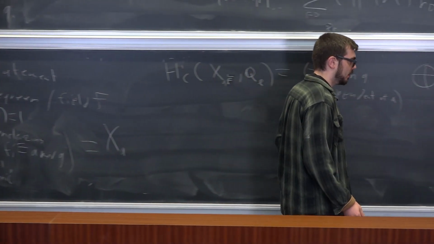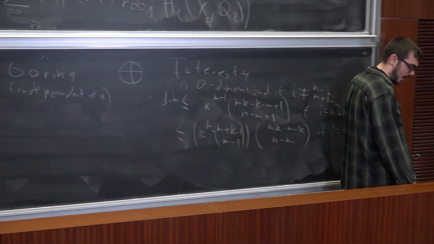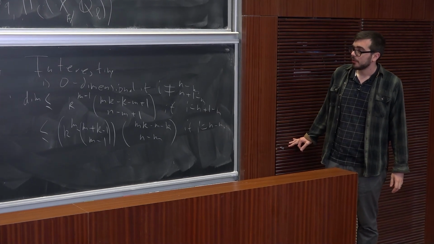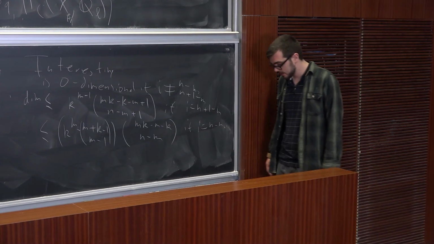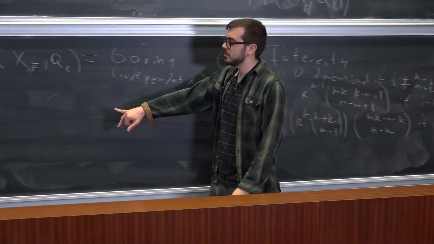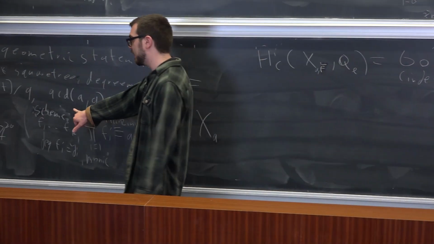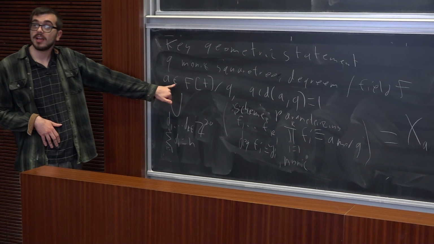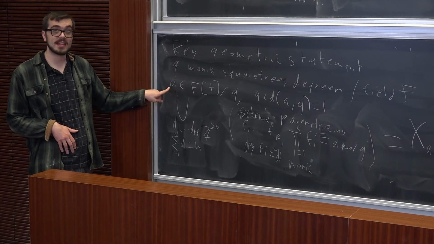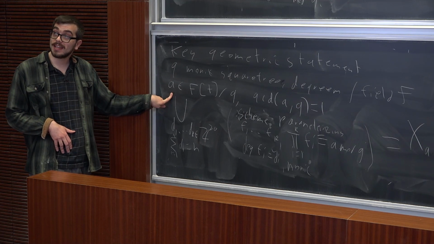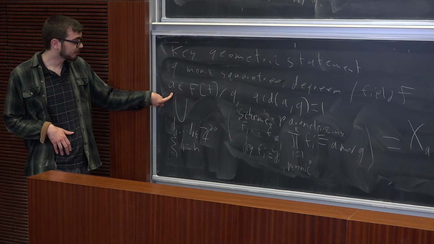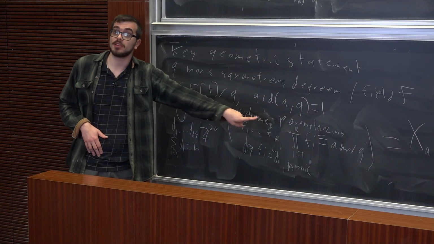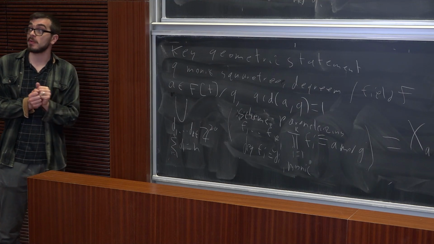Yeah, let me just say a few words about how this goes, and then I'll stop for questions. So the key thing which makes it nice to study this family of varieties is this A parameter, the fact that they change nicely when you vary A. So A lives in this set of polynomials modulo G which are relatively prime to G, which, if you think about it, geometrically corresponds to a torus.